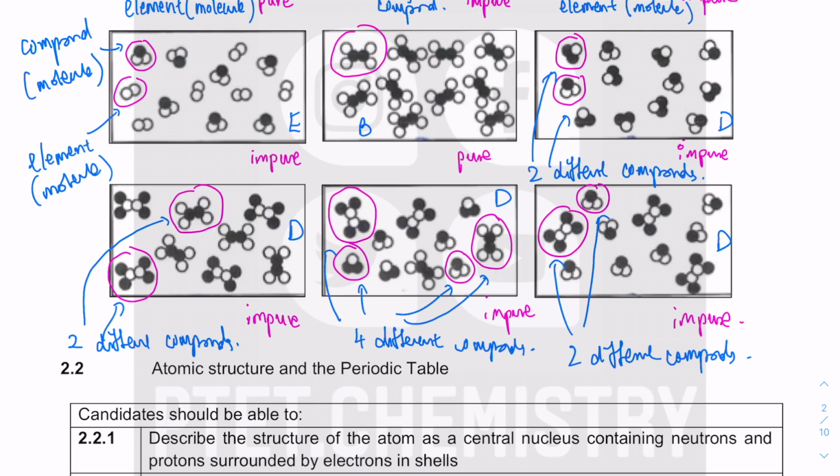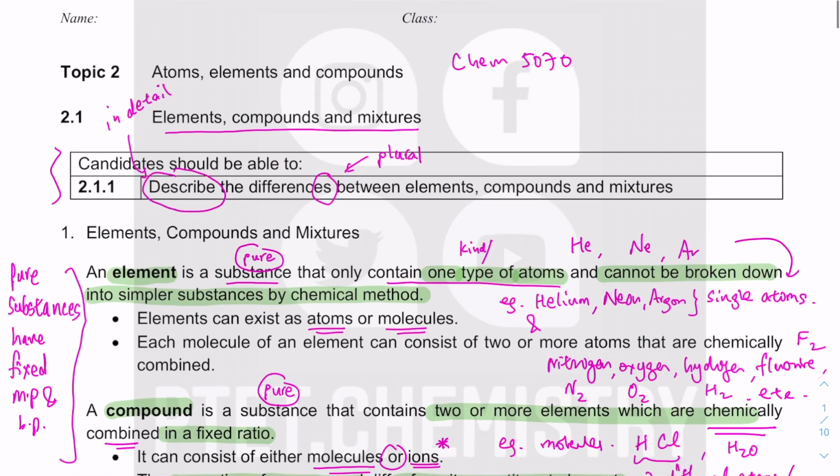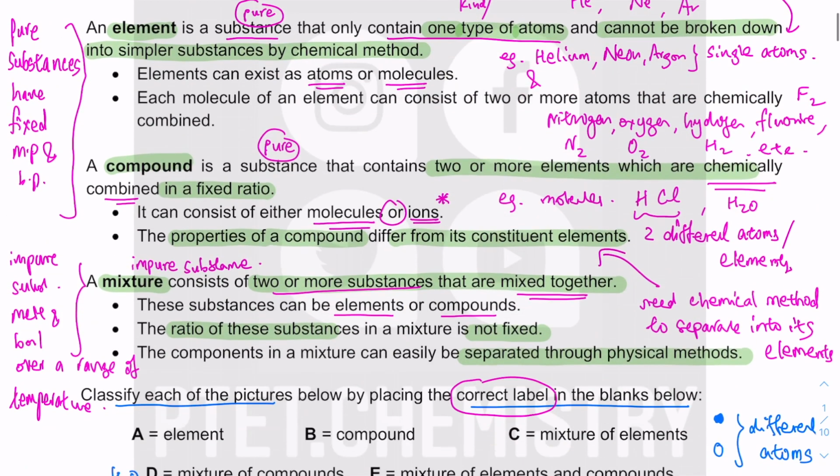So this is it for this tutorial video, where we have talked about the definition of elements, compounds, and mixtures, as well as additional characteristics and features that differentiate between them in terms of their makeup constituents, whether they're existing as atoms or molecules or ions, or here can be a mixture of elements, a mixture of compounds, or a mixture of elements and compounds.